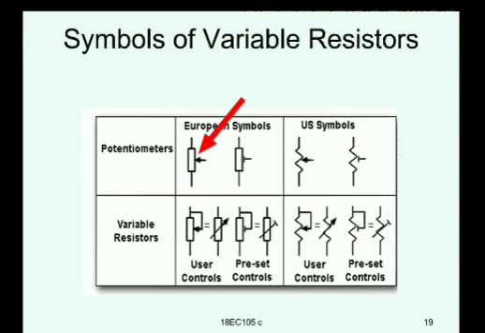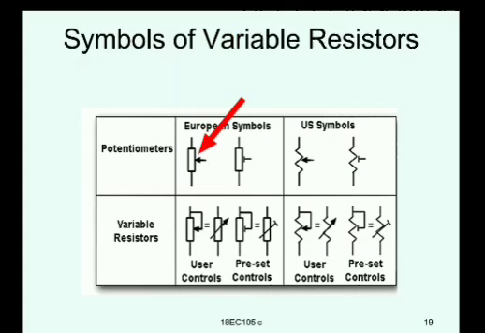In the European standard, a resistor is denoted by a rectangular box with two terminals at the ends, and the arrow at the middle of the resistor means it is a variable pot.